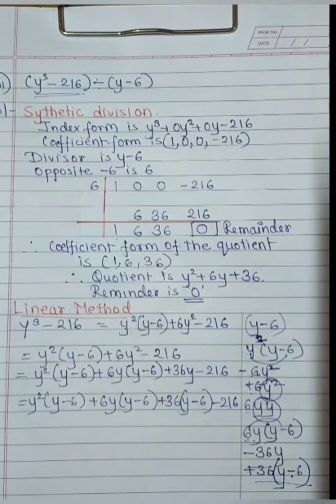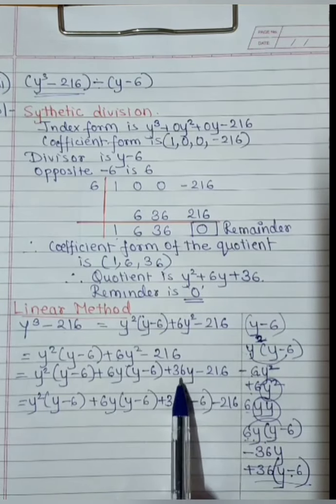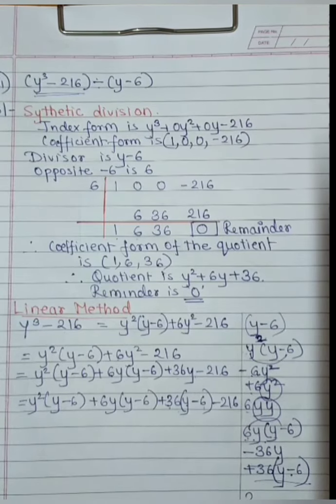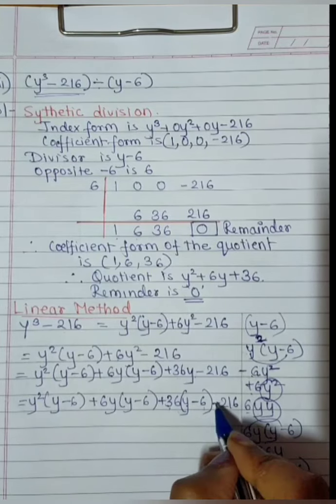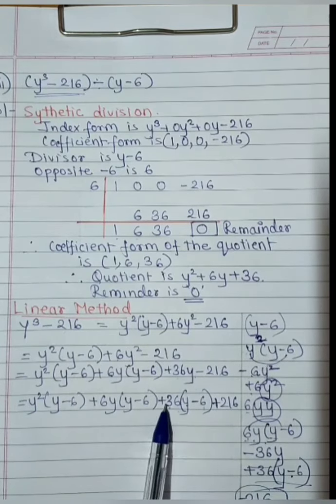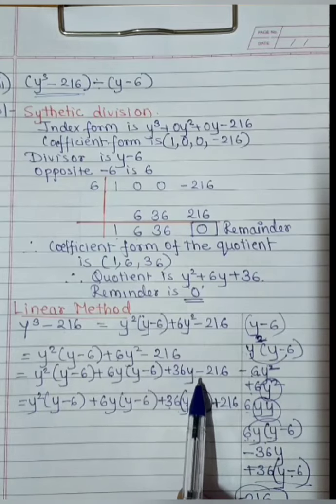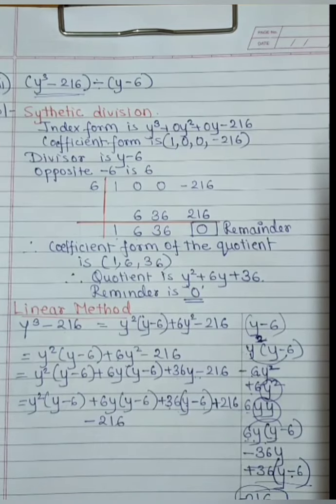The remaining part will come as it is. See here, 36 multiplied by y came. Now 36 multiplied by 6 will get 216. When we are getting this in minus form, we will change it to plus form. When we multiply both, we get plus 216, and after that what is coming? Minus 216. I hope you are understanding.